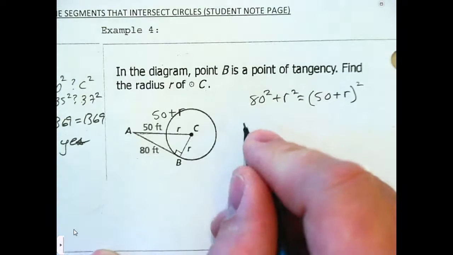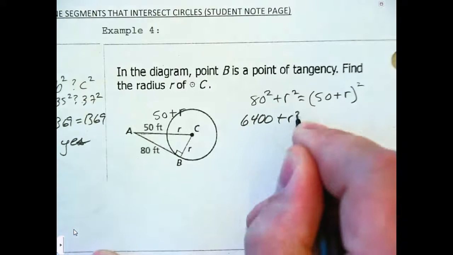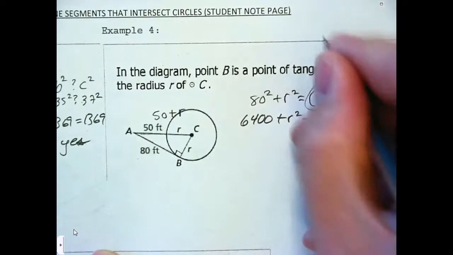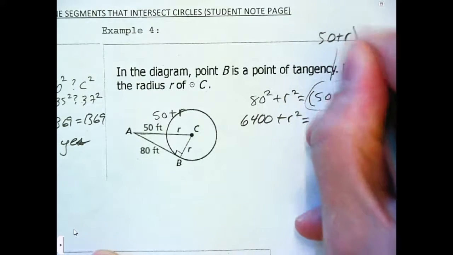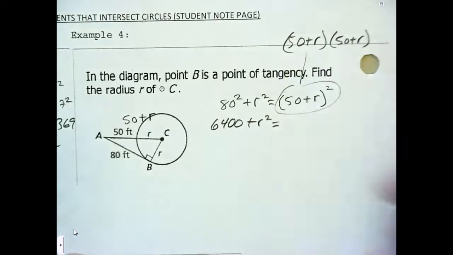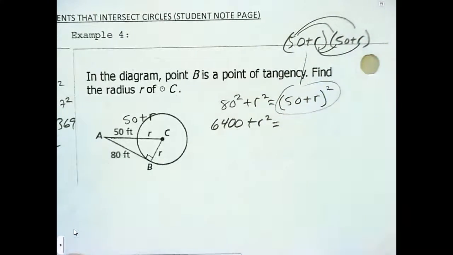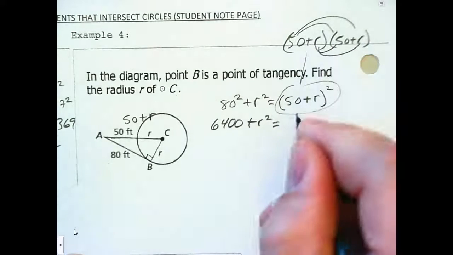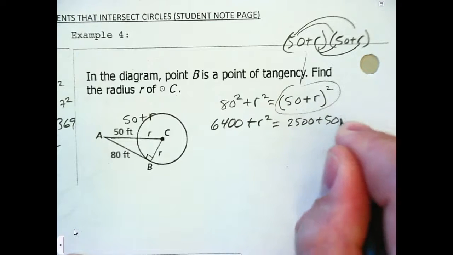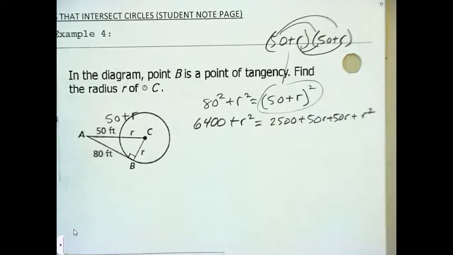It's almost like we planned it like that. 6,400 plus r squared is equal to, remember this right here means 50 plus r times 50 plus r. And that's where we do our distributive property, or some of you call that FOIL. That would give you 2,500 plus 50r plus 50r plus r squared.